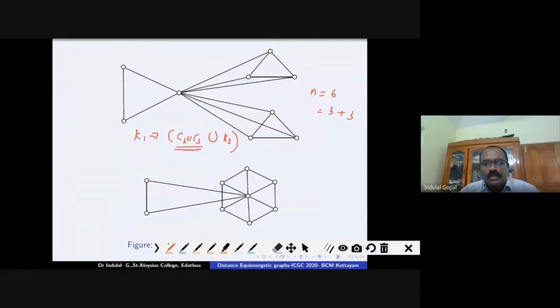So this is our CP, the union of the cycles C3 and C3. And for the partition P equal to 6, this is the graph: K1 join C6 union K2. And these two are two equi-energetic graphs.